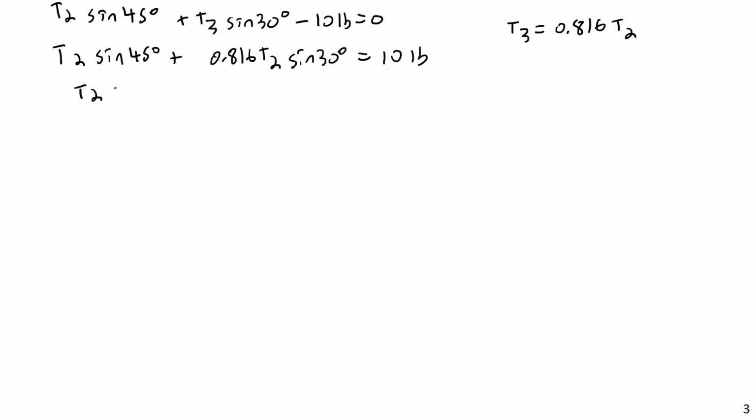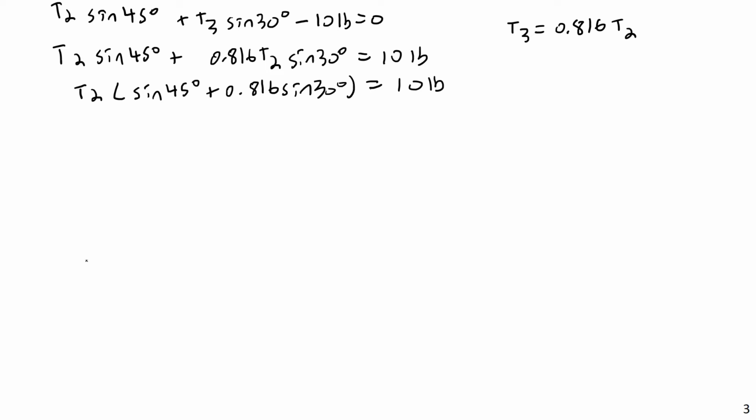So I'm going to factor out a T2, and I'll have T2 times the quantity, sine of 45 degrees plus 0.816 times the sine of 30 degrees. And this will, of course, equal the same 10 pounds.